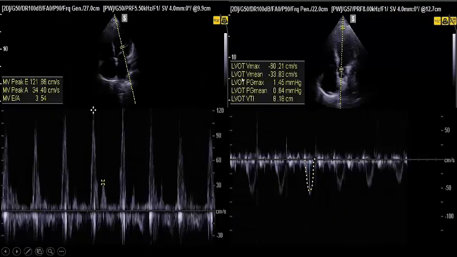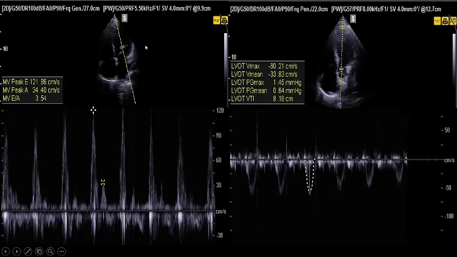You need to assess the left atrial pressure by putting the pulsed wave Doppler at the tip of the mitral valve and looking at the mitral valve flow in diastole. This is the E wave, which is too much increased in velocity with very rapid deceleration time, and a very small A wave. This E to A ratio is more than 2. It's 3.5.